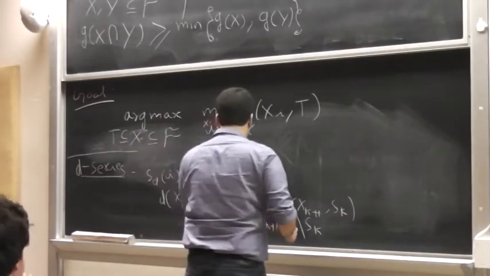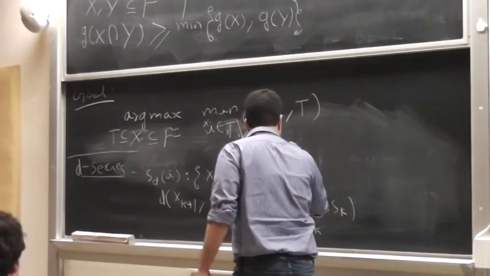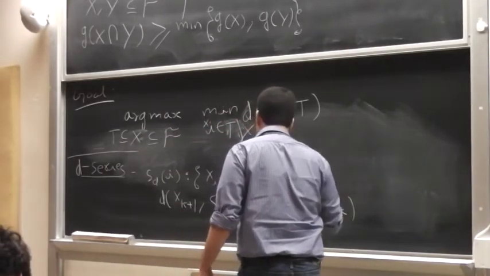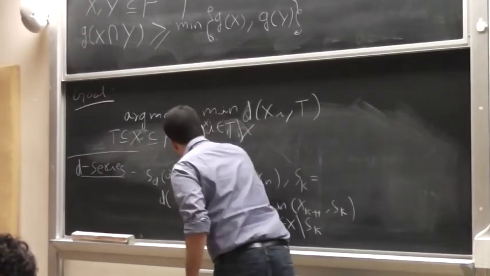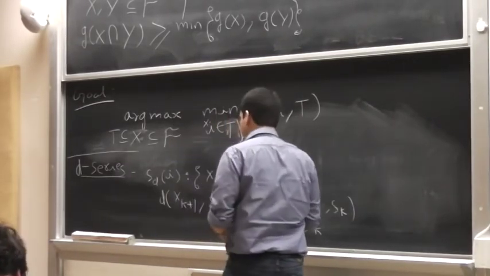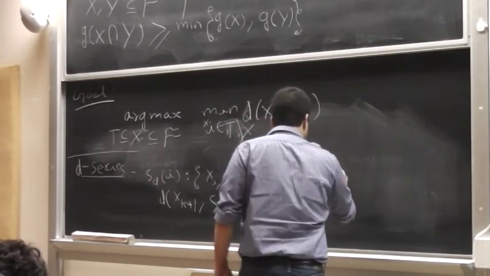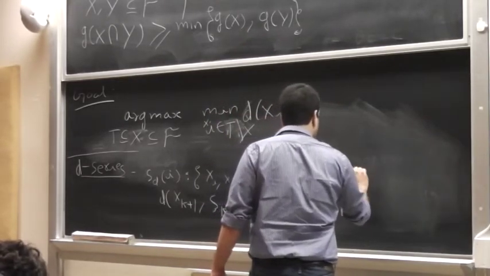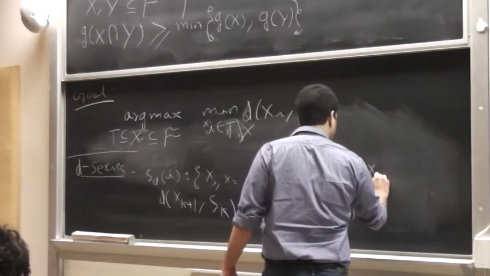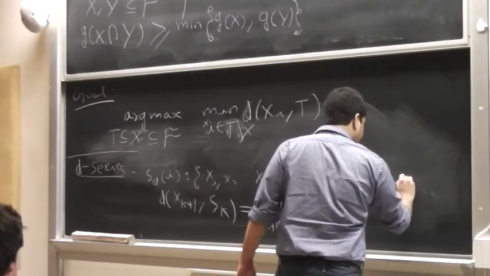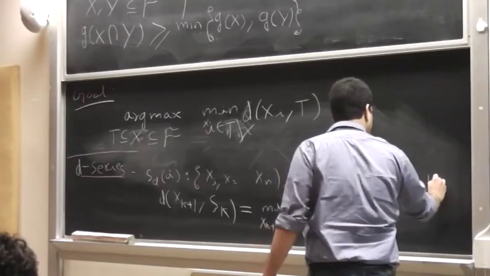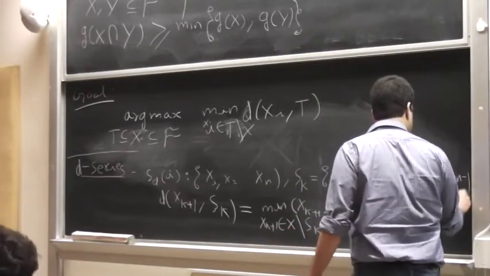The other thing I need to define is S_k, which is a very simple definition. Just for referring to it, I will call it a starting set. It's just the name. It's going to be x1, and so on, till xk, where k goes from 1 till n minus 1.